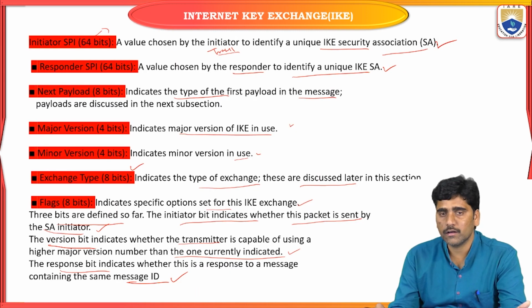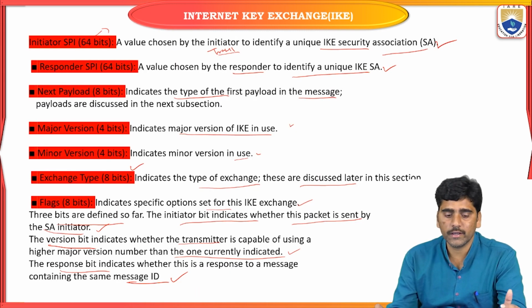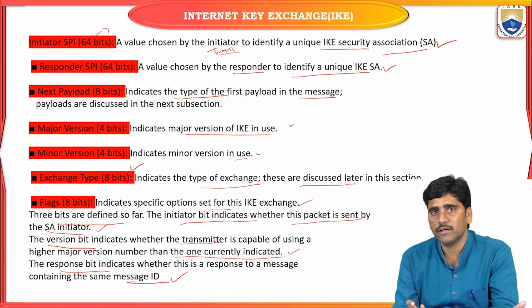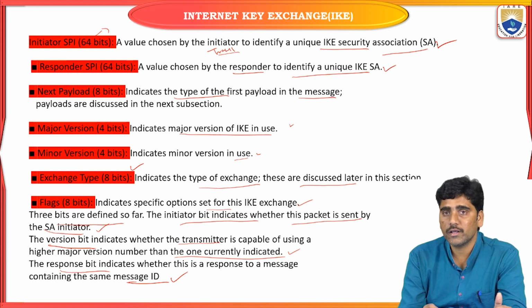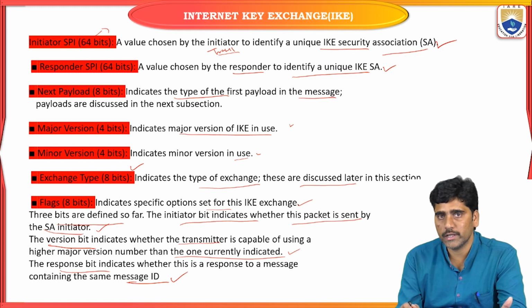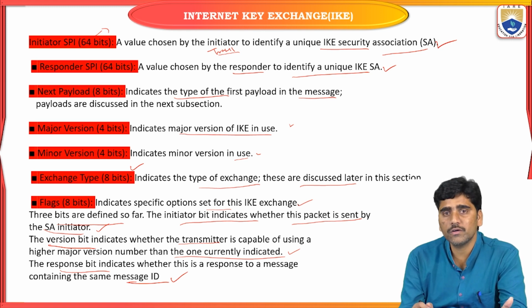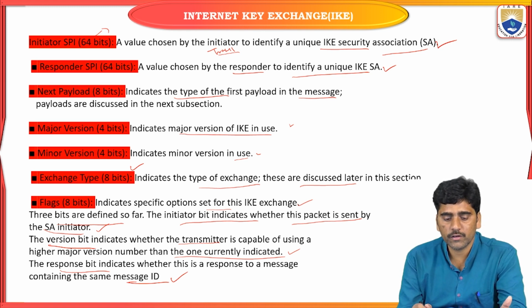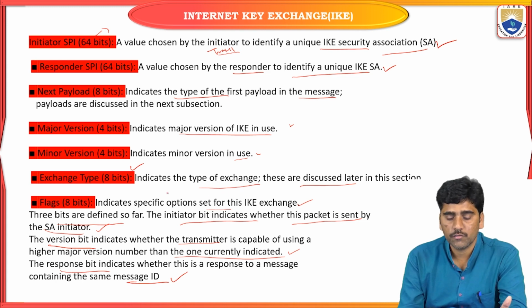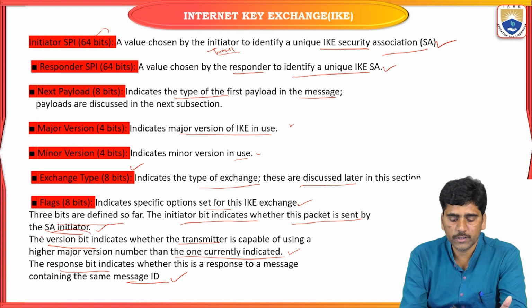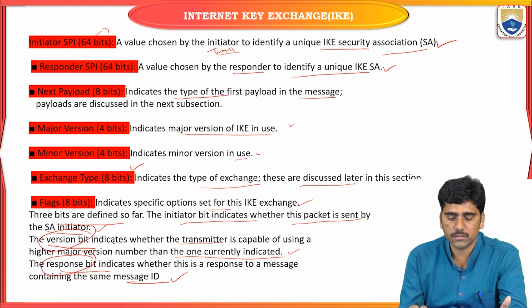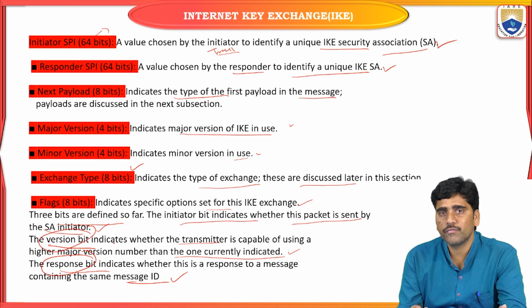The IKE header fields contain different fields like initiator SPI and responder SPI, that is nothing but security parameter index, next payload, major version, minor version, exchange type, flags, version bit as well as response bits. So these are all the fields that the Internet Key Exchange header contains.